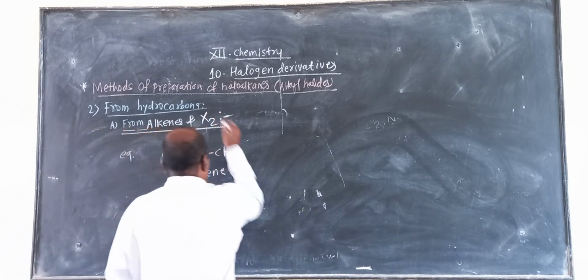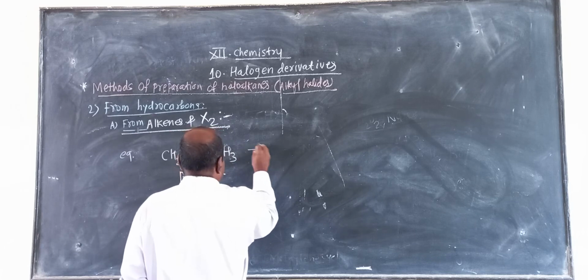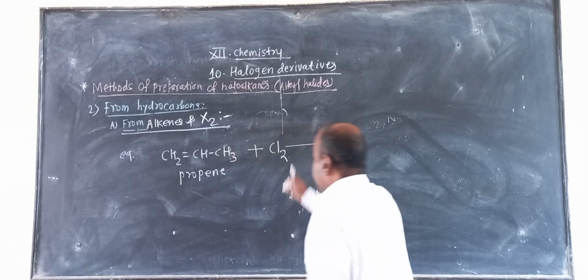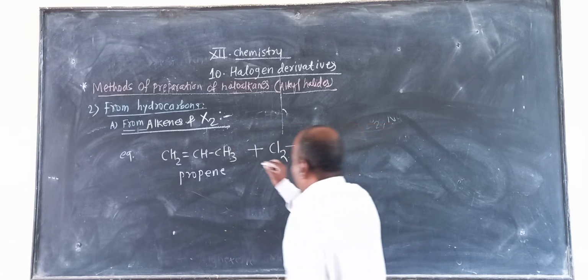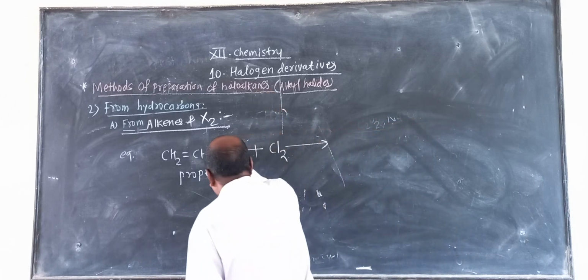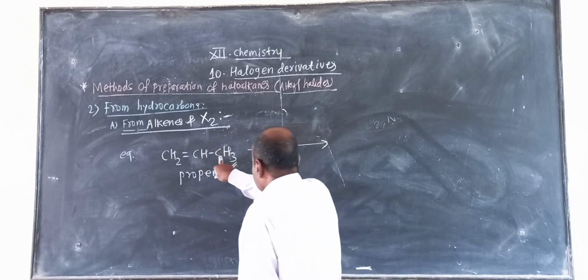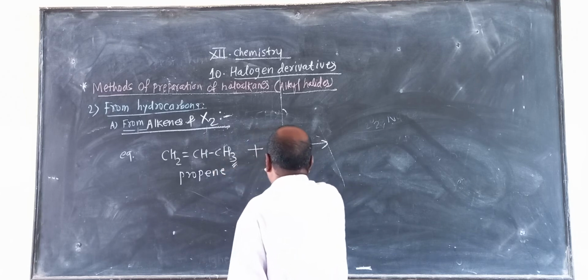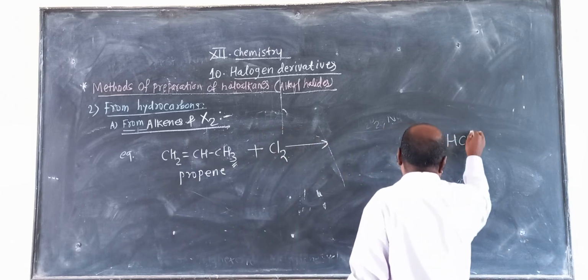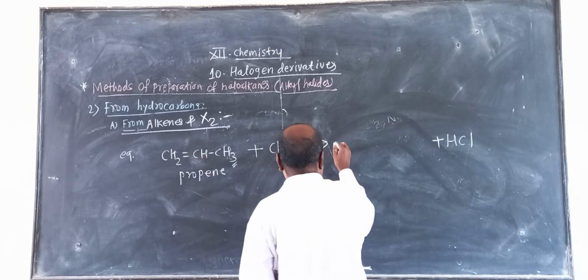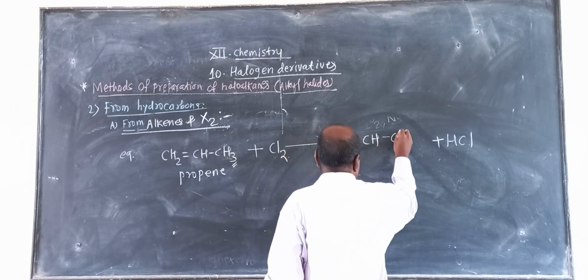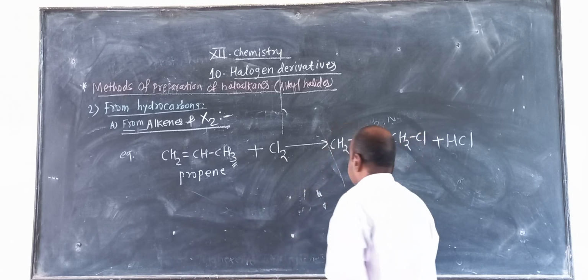When it undergoes direct halogenation, for example if you add chlorine here, then direct halogenation takes place. A substitution reaction takes place. A hydrogen atom of this CH3 group gets replaced by one chlorine atom, giving HCl as the side product, and the compound obtained is CH2 double bond CH CH2Cl.